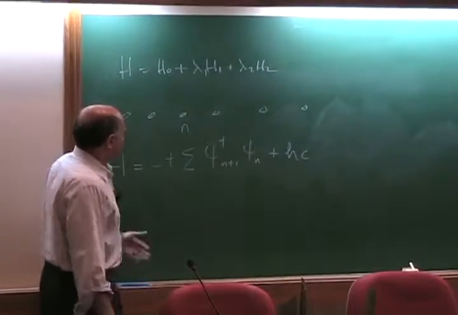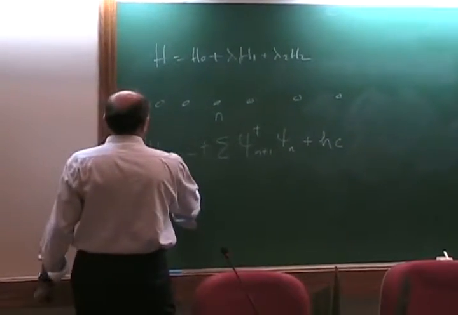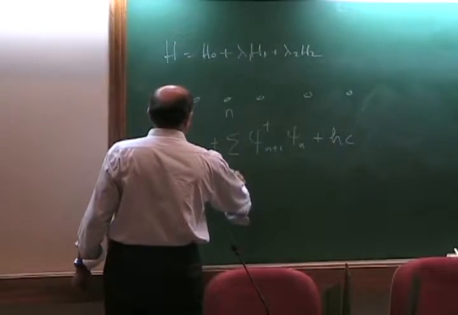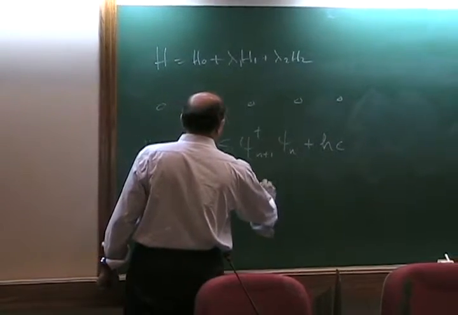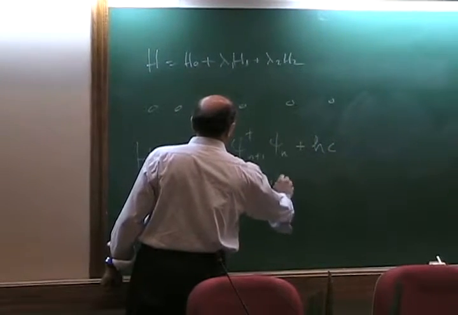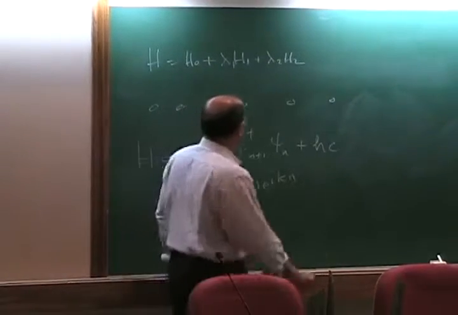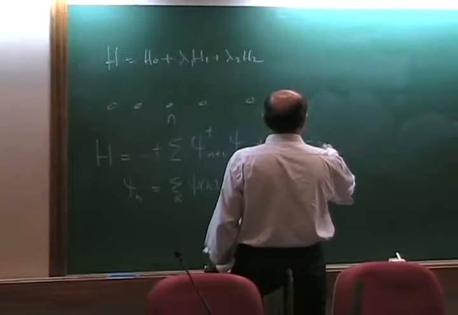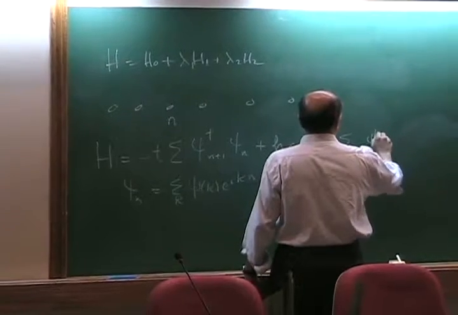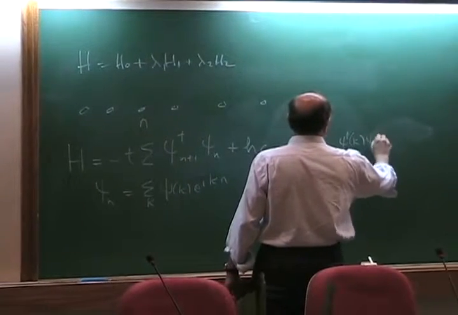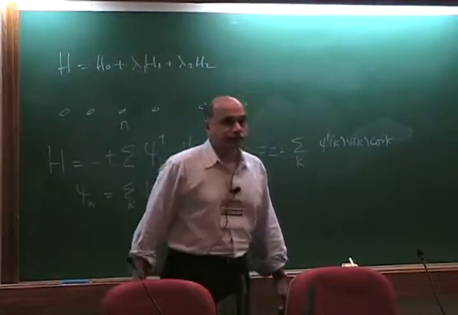So we know what to do with this problem. We make a Fourier transform from ψ_n to ψ_k. You do that, you stick this in, and you know what you will get. You'll get minus 2t sum over the momenta k, ψ†_k ψ_k cos k.